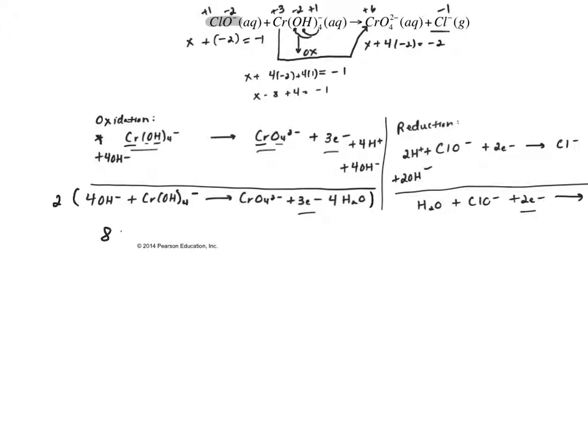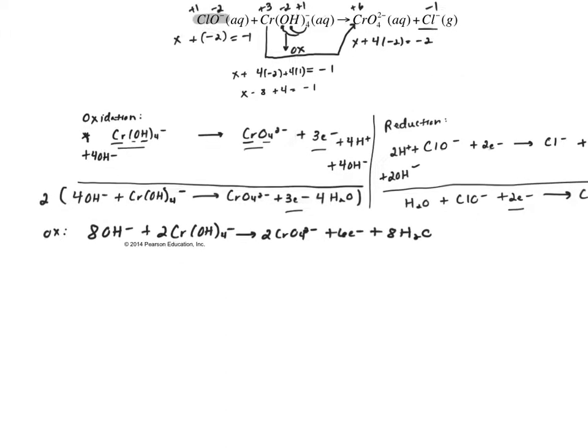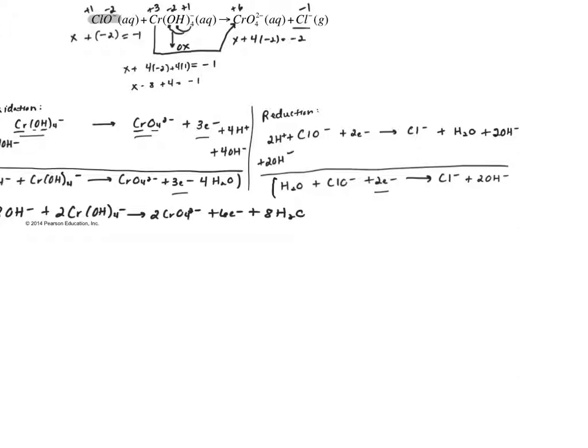So that's going to give me 8 OH- plus 2 Cr(OH)4- going to make 2 CrO4 2- plus 6 electrons plus 8 waters. So this is my oxidation half reaction. Now, what do I need to multiply my reduction half reaction by for the same exact purpose?